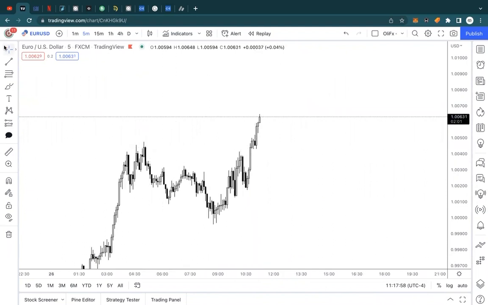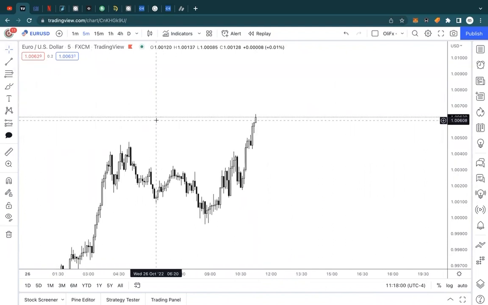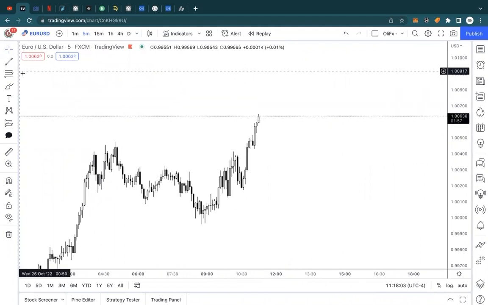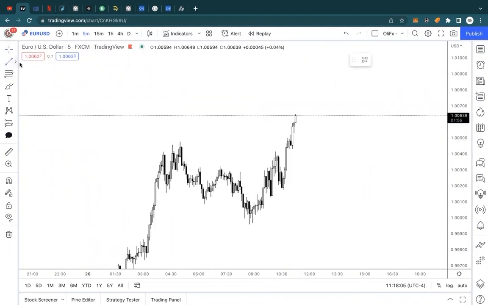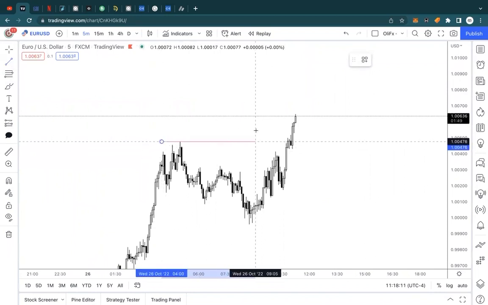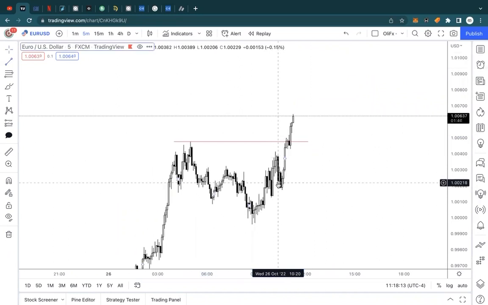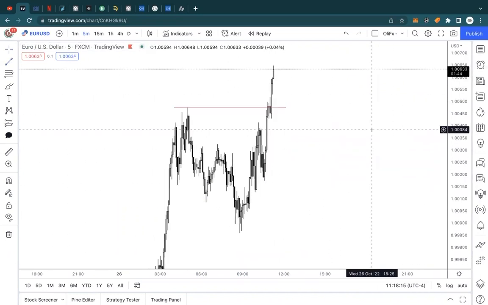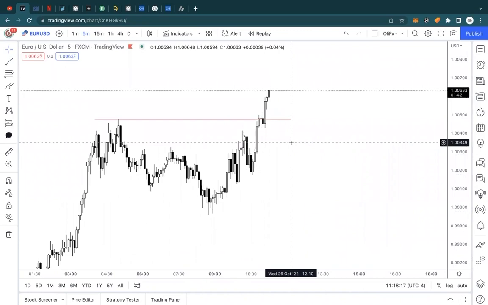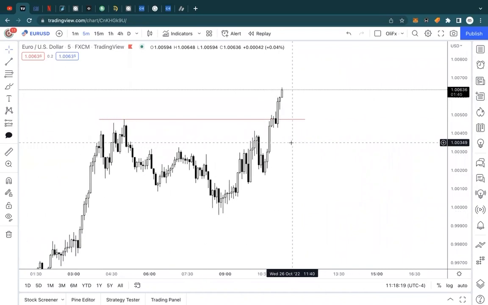But then let's get into buy stops, sell stops, buy limits, and sell limits. For a buy stop, this is a strategy a lot of traders use.